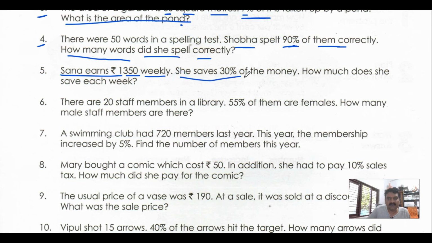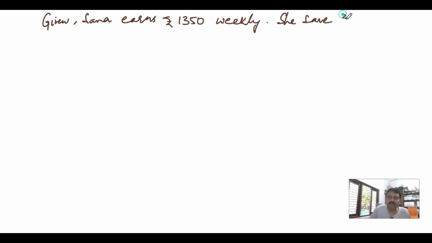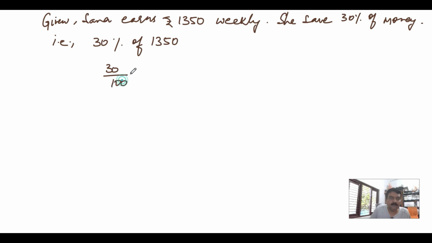She saves 30% of the money. 30% of 1350. So 30%, percent means out of 100. So 30 by 100 into 1350.